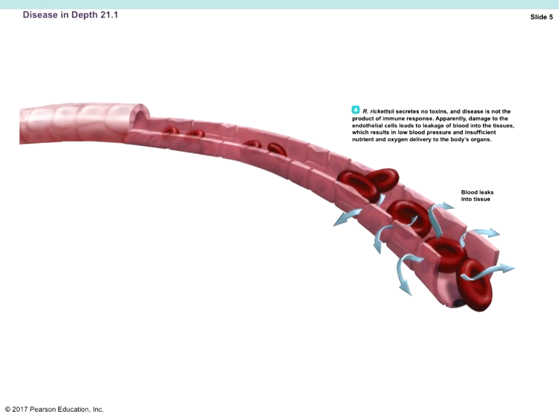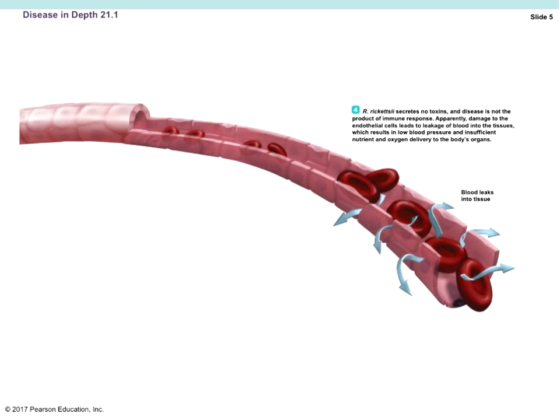So the Rickettsias doesn't really secrete any toxins, and disease is not a product of the immune response. What happens is that there's damage to those endothelial cells that leads to the red blood cells leaking into other tissues, and that's going to cause a drastic drop in blood pressure and can cause the patient to go into shock.